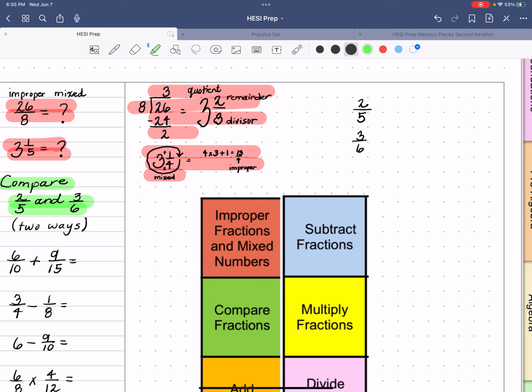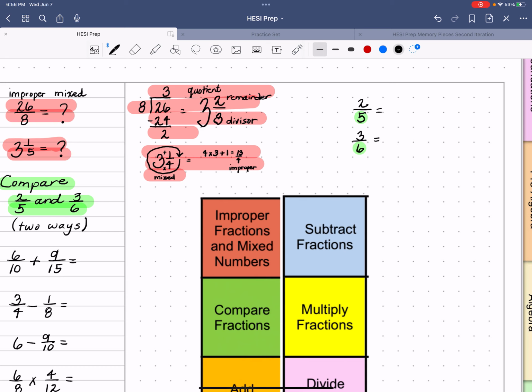And then look at your denominators. You have a 5 and a 6. So we need to find the greatest common factor if you want the lowest common denominator. I'm just going to use a common denominator because I'm just comparing them.